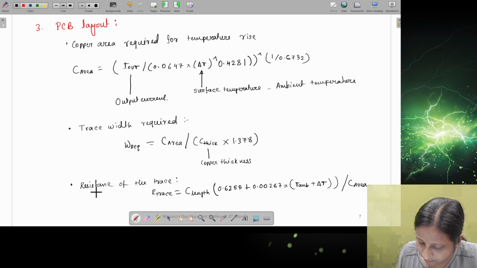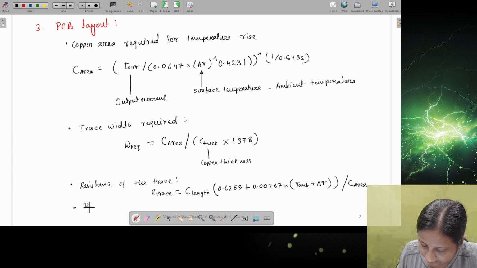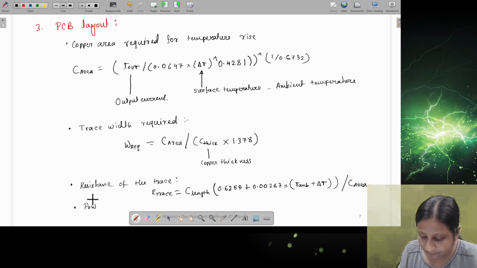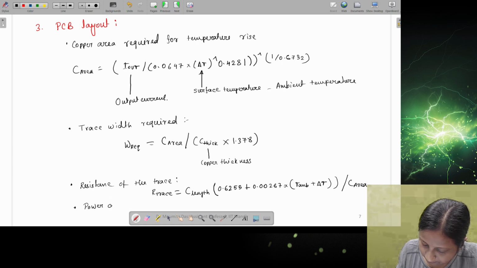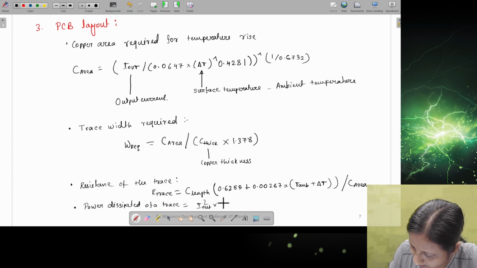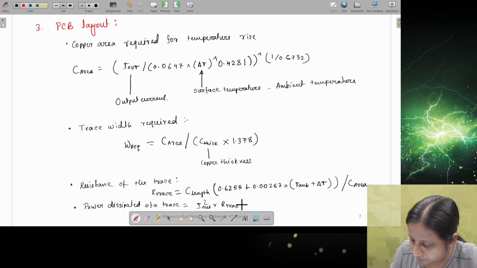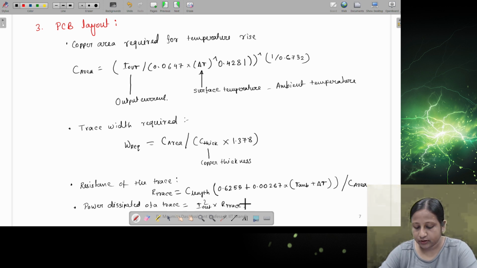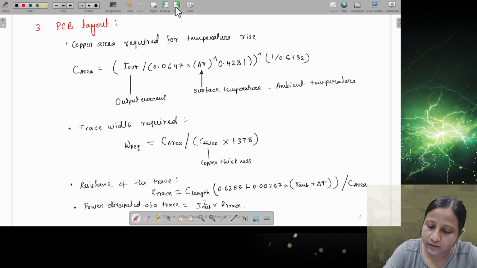This is the resistance. Now the power dissipated in a trace can be I out square multiplied by R trace. This is how we can calculate length, width, and area of the copper in the PCB.